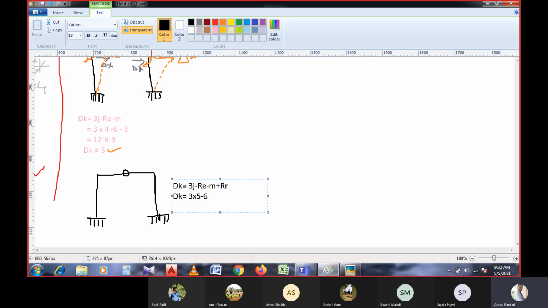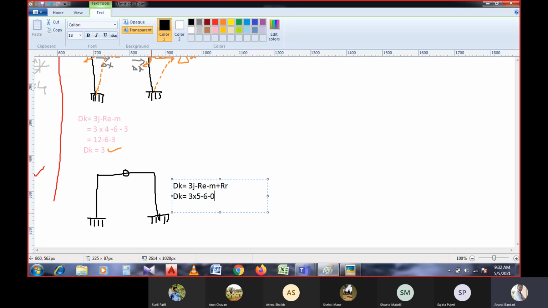Since external reactions are 6, if the question is provided where the members are extensible, the particular structure is not rigid, or the structure is having axial deformations, then we cannot consider the value of m. So I will write it here.